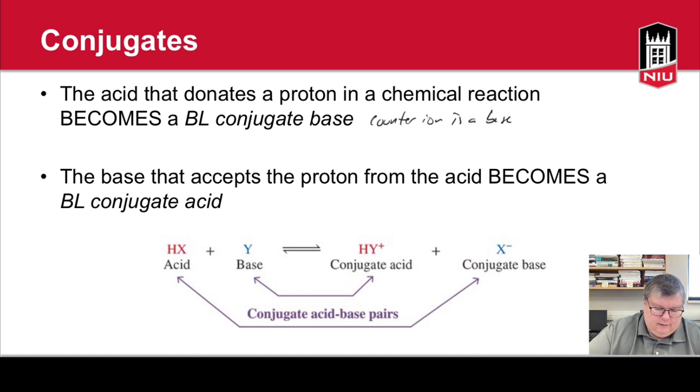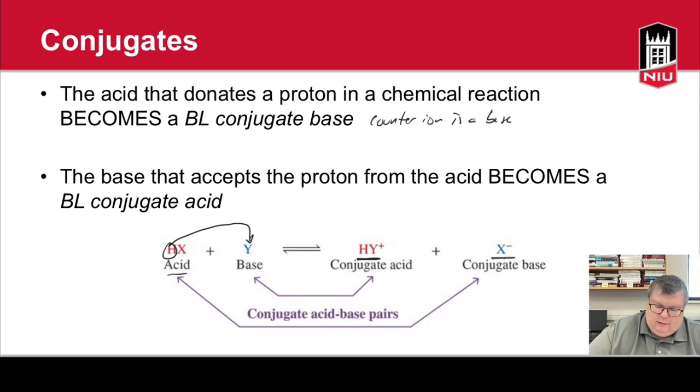And the base that accepts the proton from the acid becomes a Bronsted-Lowry conjugate acid. Okay? So, for example, take a simple acid HX, something like HCl or HBr or HI, and a base Y. The acid donates a proton to the base to form HY+, and we're left with X-, the counterion.